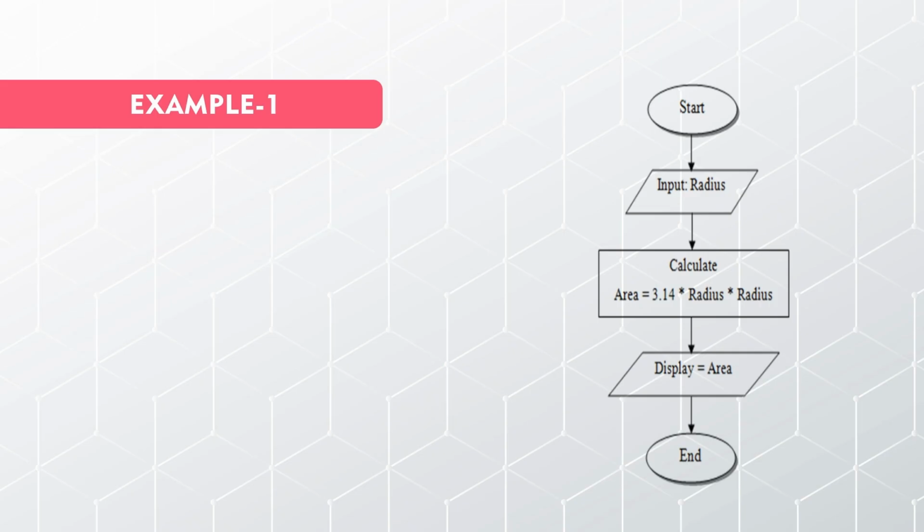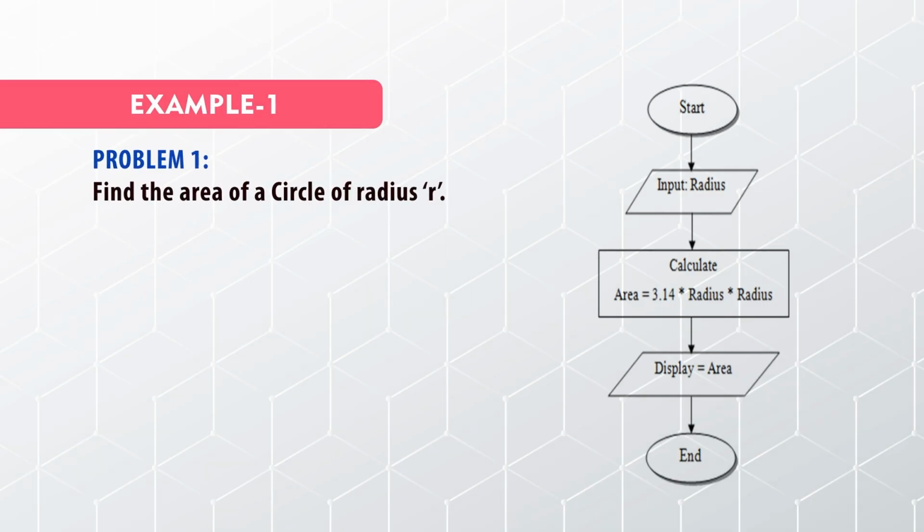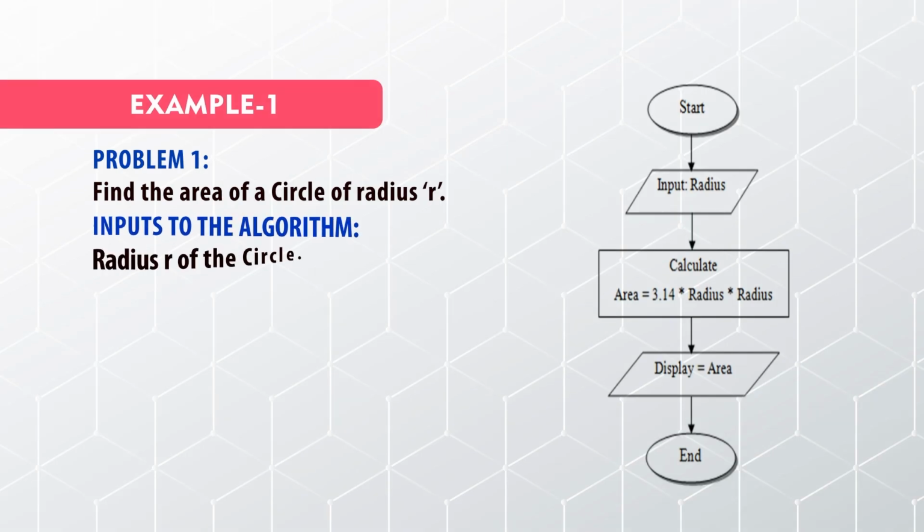We know that an algorithm is a set of instructions in a particular sequence required to solve a problem, and the solution involves processing the input and providing the output as a solution. So, there are three stages: input, processing, and output. To find the area of the circle, firstly we should understand what the input should be. The input is the radius of the circle.